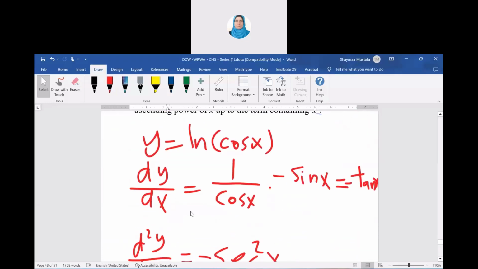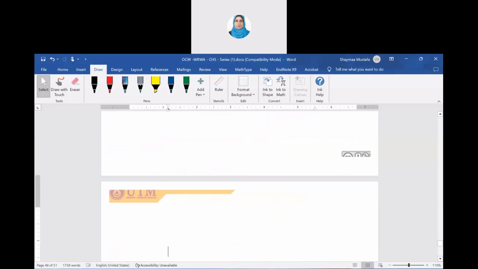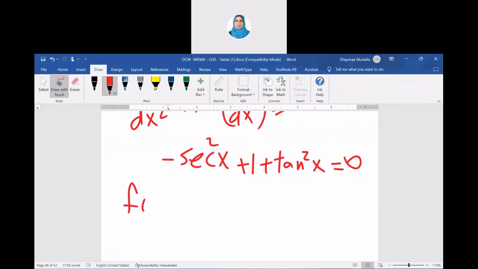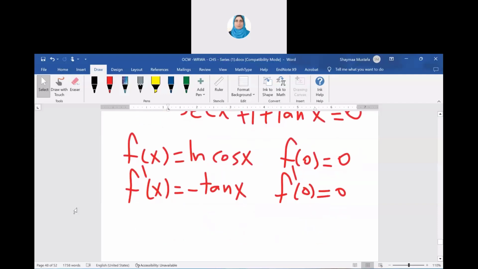Okay, to find the Maclaurin series, I need to find first the function at 0. My function is f of x equals ln cos x. So f of 0: cos 0 is 1, ln 1 is 0. Now the first derivative is minus tan x, and at 0, tan 0 is equal to 0.